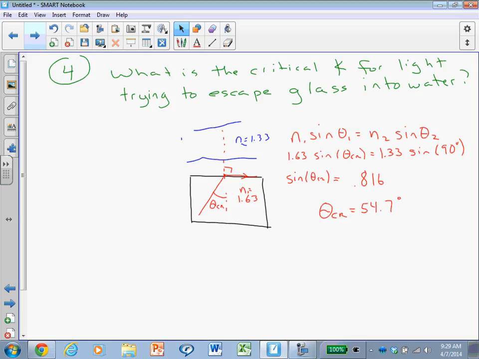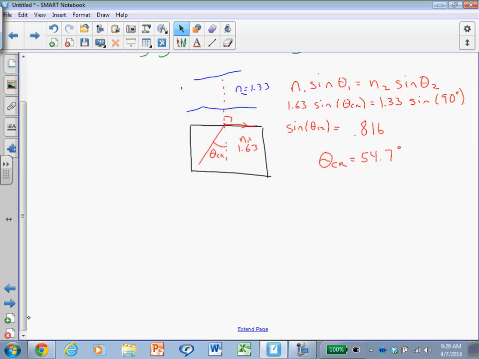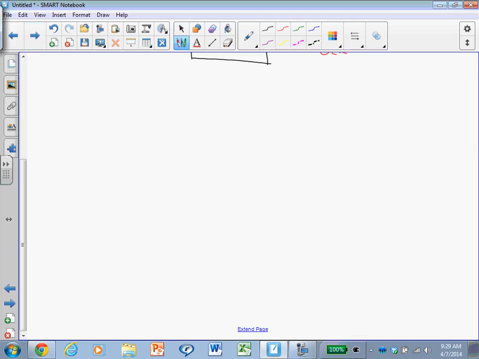Let's do one more that might be helpful for you on your test. Because you have your wave equation. Also remember, frequency is 1 over period, period is 1 over frequency, right? But also remember n equals c over v, because that's one we only did a few problems with.